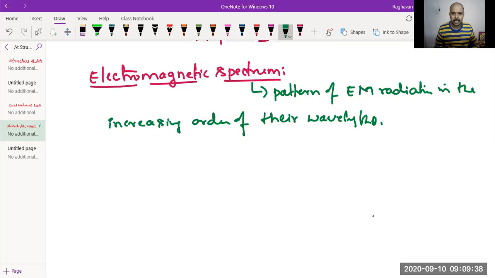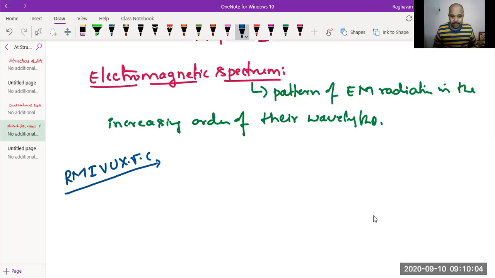You better remember it through this word: R MeWux gamma C. Remember this as the name of a scientist also. From R MeWux gamma C, each letter represents a radiation.